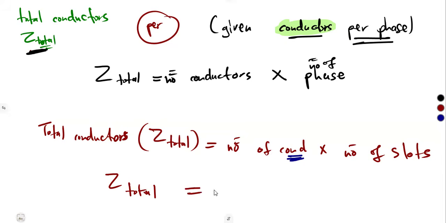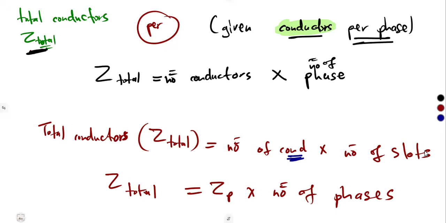So meaning to say Z total can be given from ZP times number of phases. This must be from number of conductors per phase. If you are given number of conductors per phase, then you can remove it by multiplying by what? Number of phases.